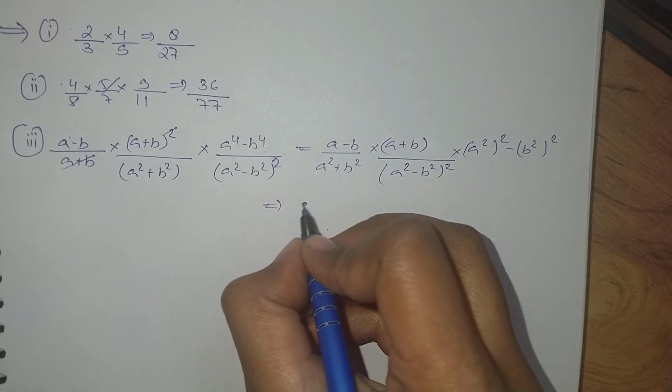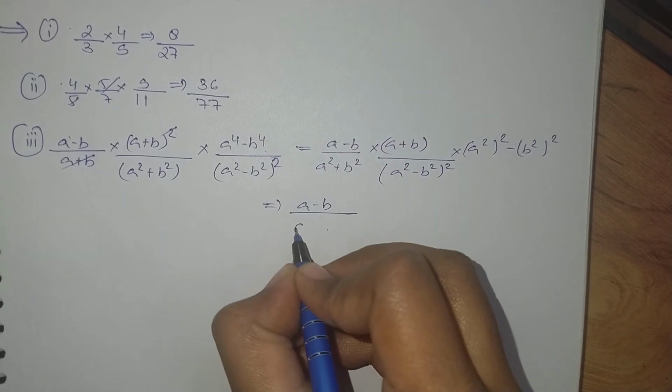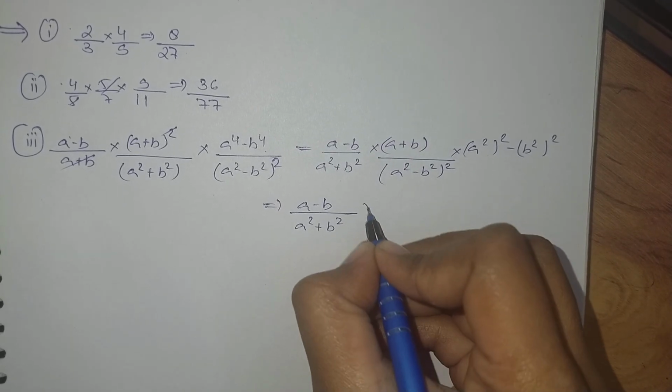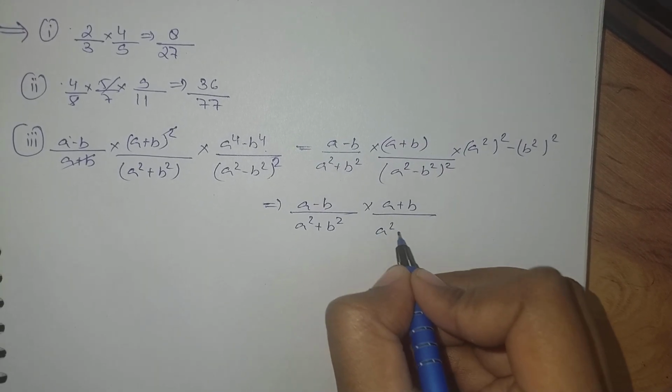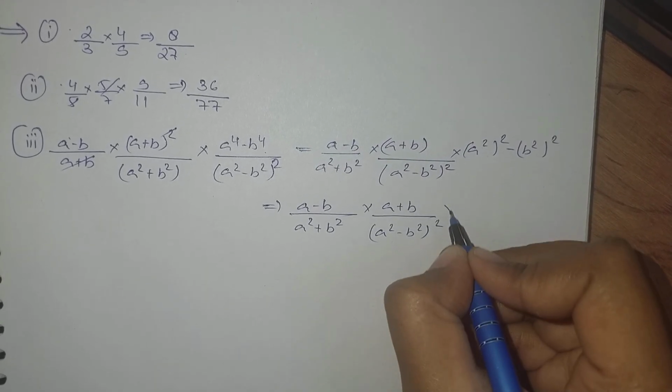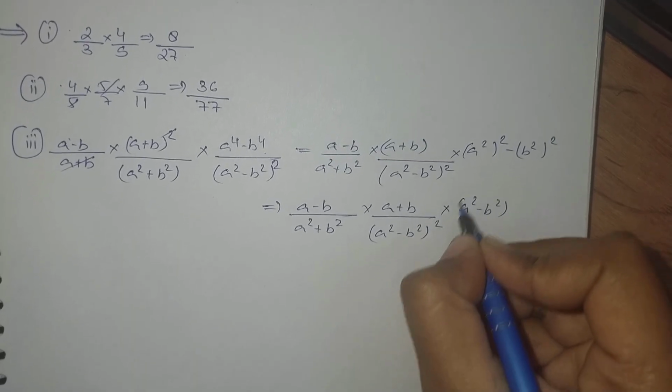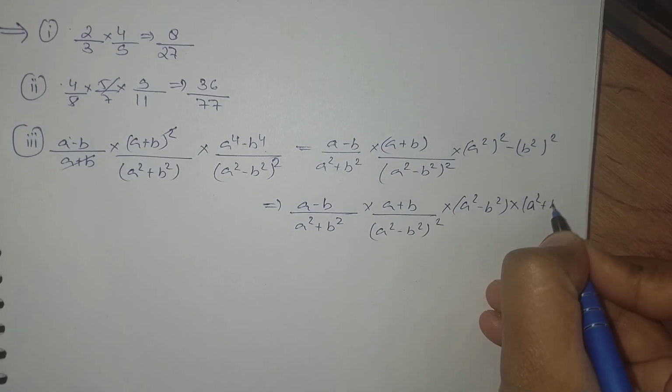So we can write it as a minus b upon a square plus b square into a plus b, divided by (a square minus b square) whole square into (a square minus b square) into (a square plus b square).